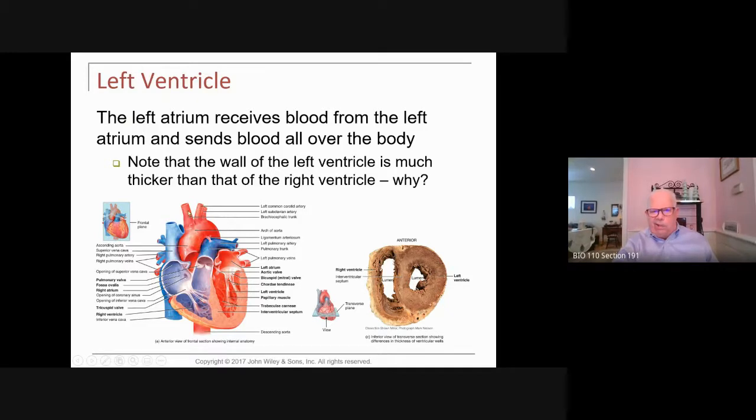The brachiocephalic trunk puts blood into the face and also the upper arms. And the left subclavian artery puts blood into the chest wall and the arms. Okay? So the three branches of the arch of the aorta are the left common carotid, the left subclavian artery, and the brachiocephalic trunk. Know these branches of the arch of the aorta.